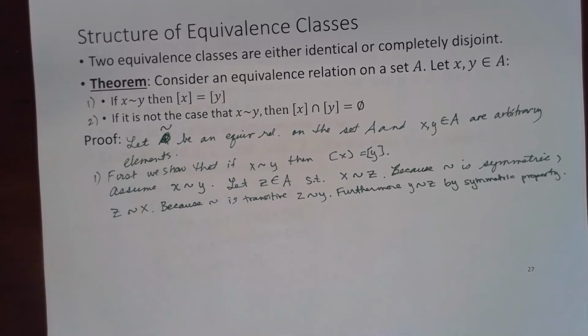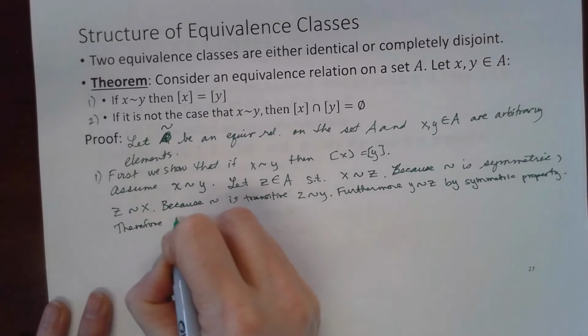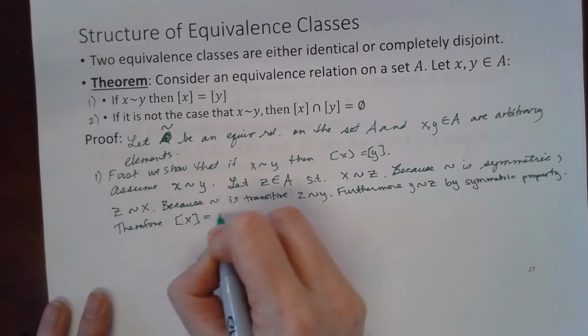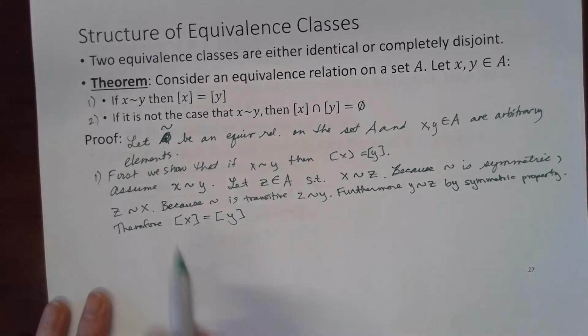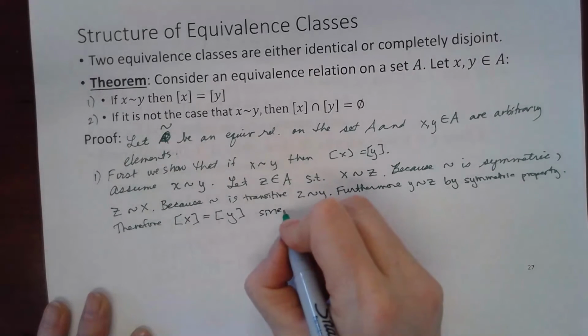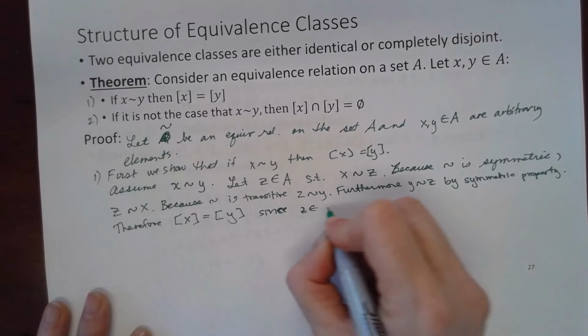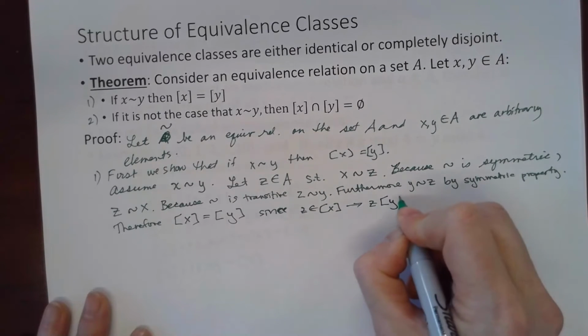Therefore the equivalence class of x has to be exactly the same as the equivalence class of y, because z in this equivalence class implies that z is also in that equivalence class.